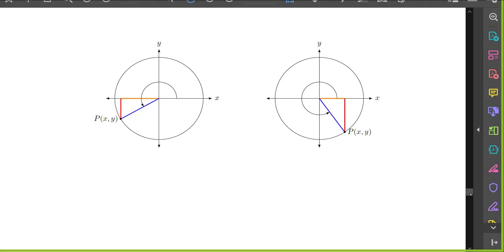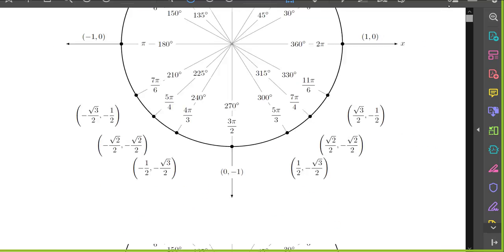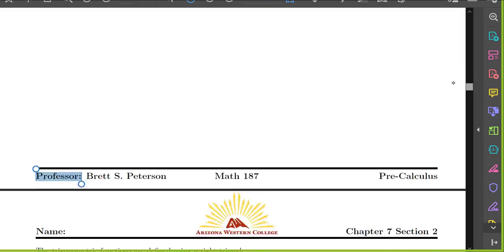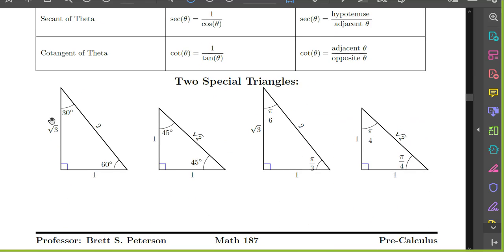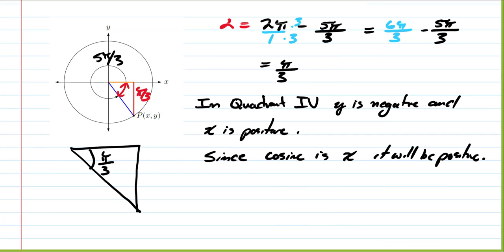So if we go back to our special triangles, we've got a pi over 3, that's this one. So pi over 3, pi over 6, 90 triangle. So pi over 3 goes with the side 1, and pi over 6 is going to go with the side square root of 3.